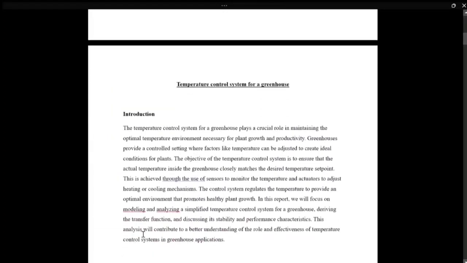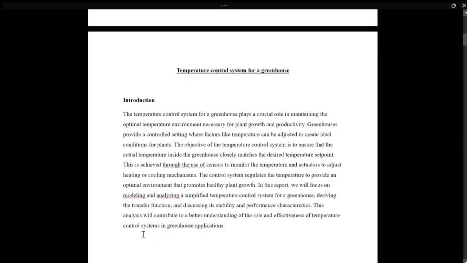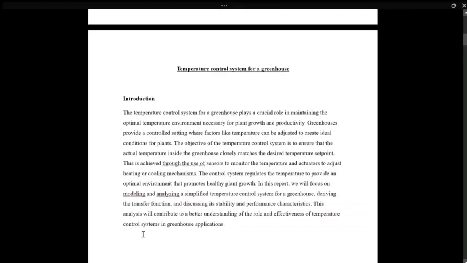So first of all, I'm going to explain about the temperature control system for greenhouse. The temperature control system for a greenhouse plays a crucial role in maintaining the optimal temperature environment necessary for plant growth and productivity. Greenhouses provide a controlled setting where factors like temperature can be adjusted to create ideal conditions for plants.